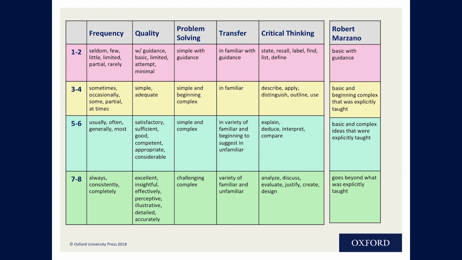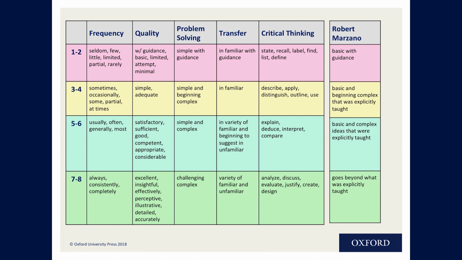Other times we're looking at the quality, from being basic all the way to perceptive, excellent, awesome, whatever you want to call it. When we look at problem solving, we're looking at simple problems as the basic level, all the way to challenging, complex problems.